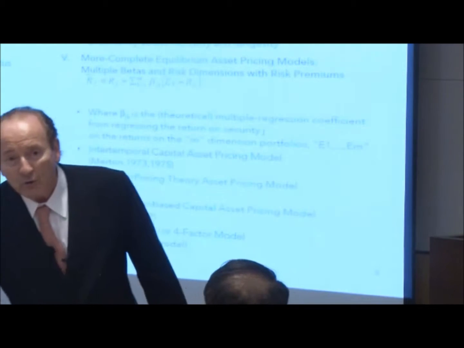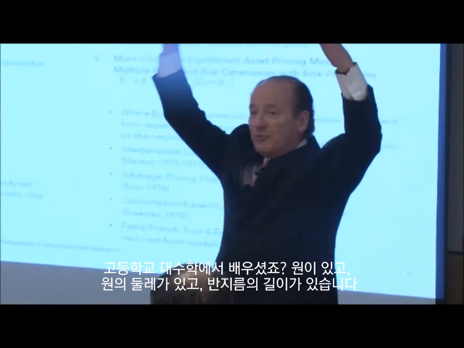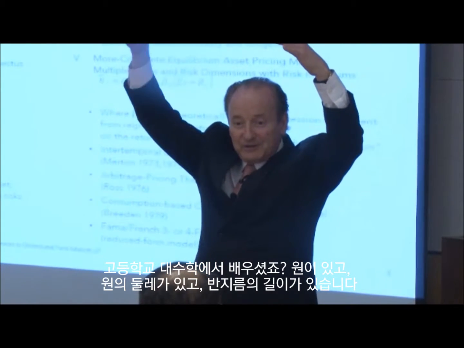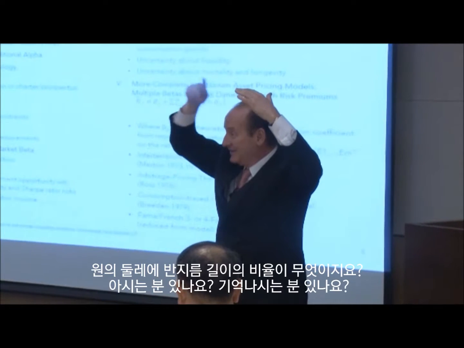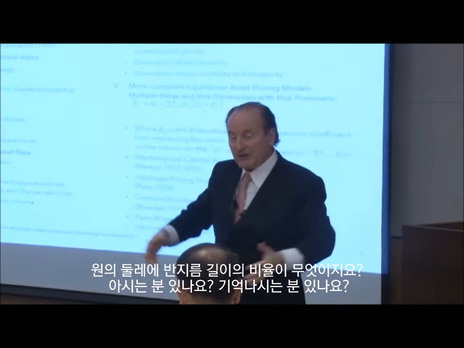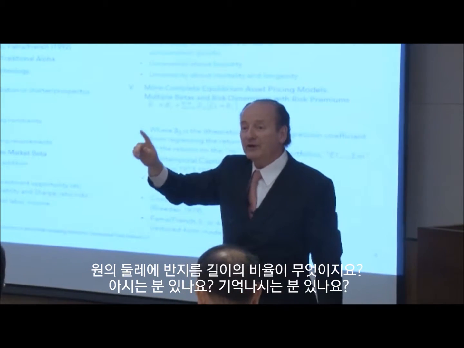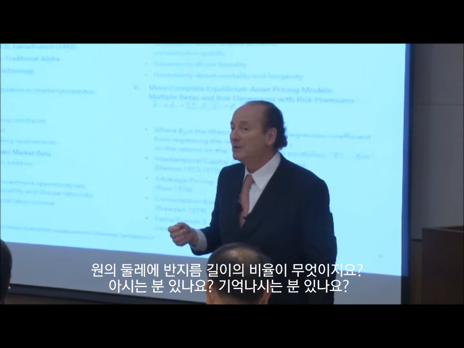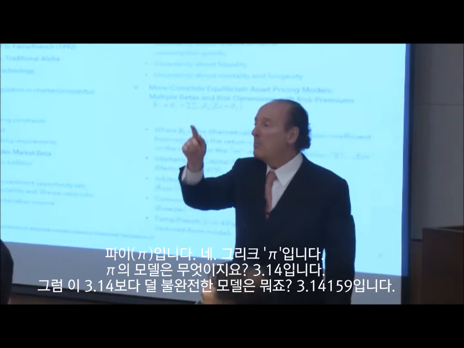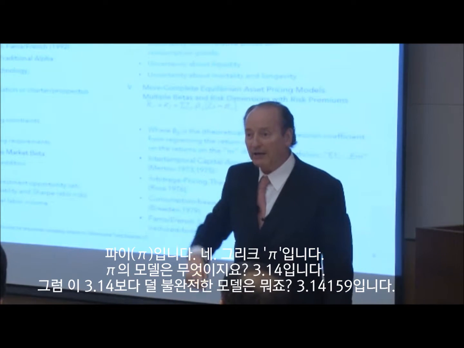Maybe I could do, we all had in high school algebra, a circle, the circumference, and the diameter. The ratio of the circumference to the diameter is what? Anybody know? Do you remember from school? Pi, very good. Pi, the Greek pi.